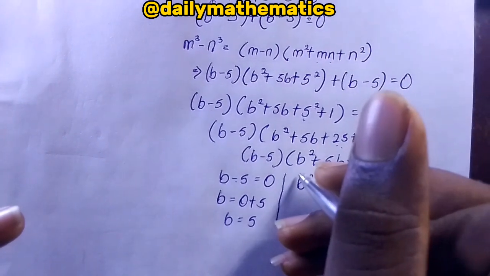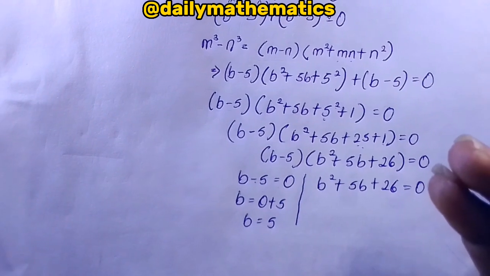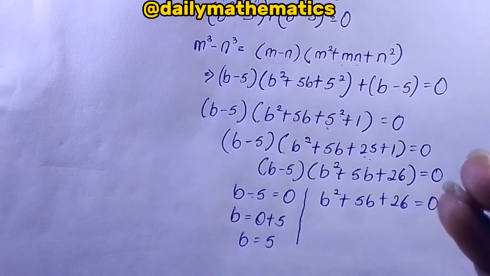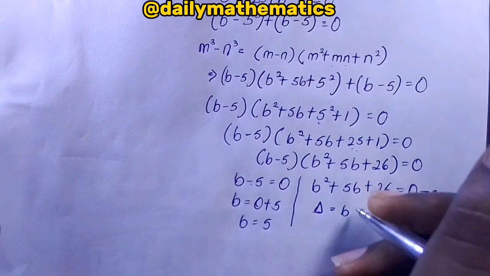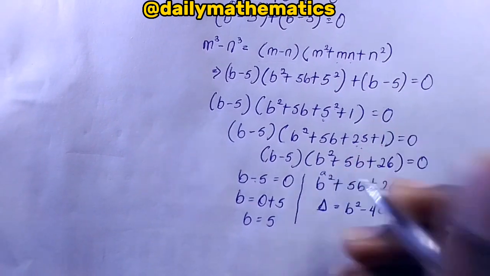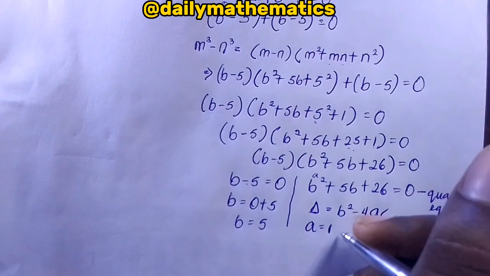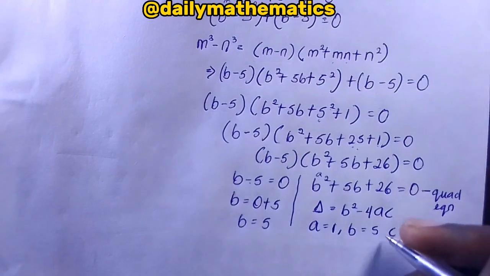We can use the quadratic formula, but first we check whether the solution will be a real number using the discriminant delta equals b squared minus 4ac. Here a is 1, b is 5, and c is 26.